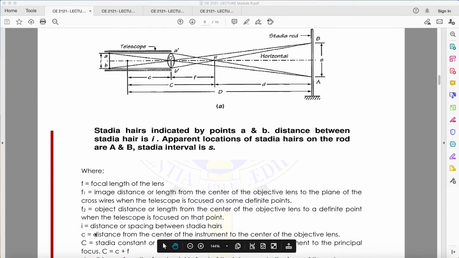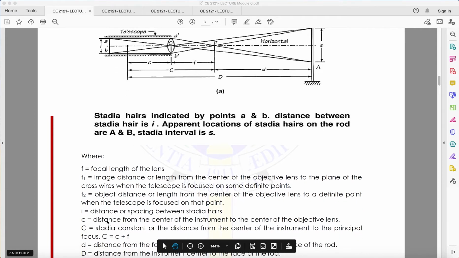Next, we have here c, the distance from the center of the instrument to the center of the object lens. So this is the center of the object lens, and this is the center of the telescope, and that is small c. Okay.